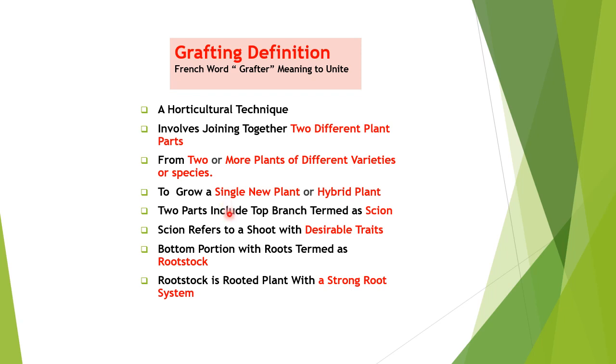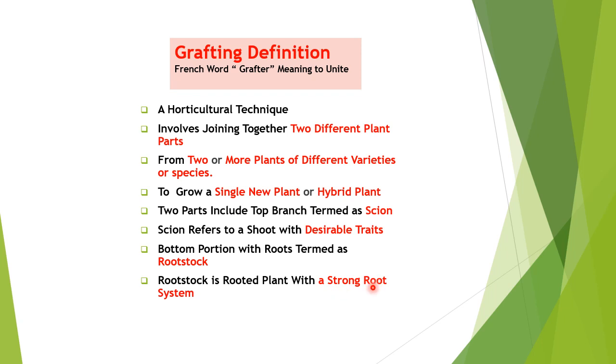The one part which includes the top branch is termed the scion. The scion is the aerial part, which has the desirable traits that you select, traits which you like, and the bottom portion is termed the rootstock. The rootstock is the one you select which will be a rooted plant with a strong root system.